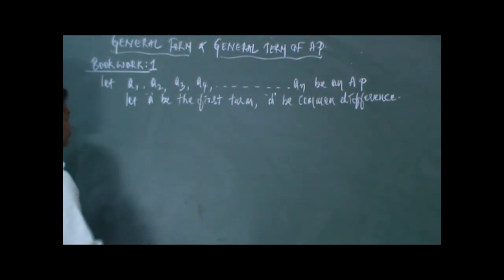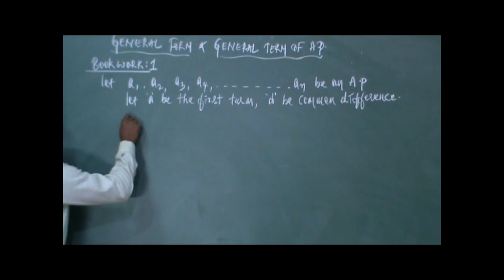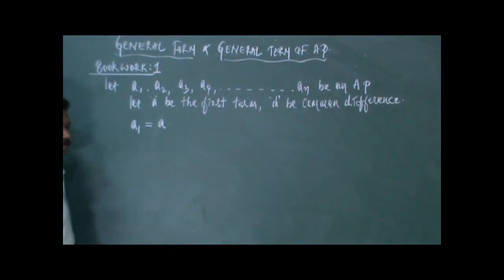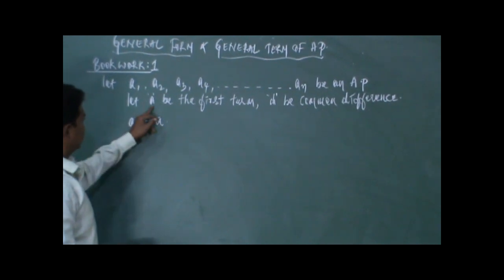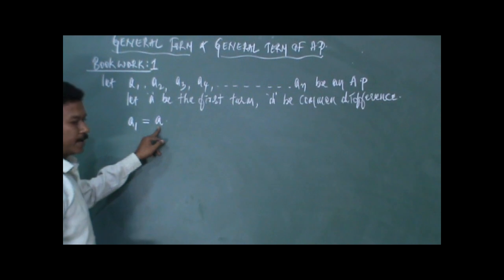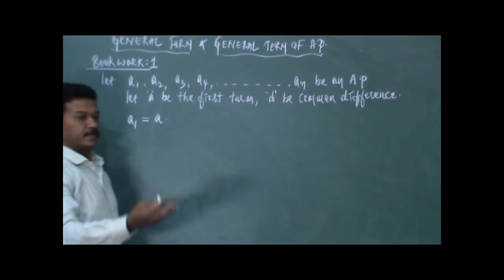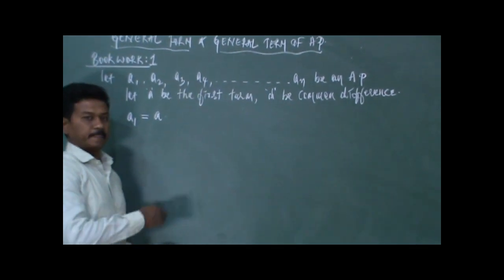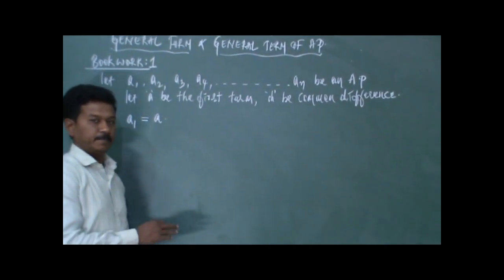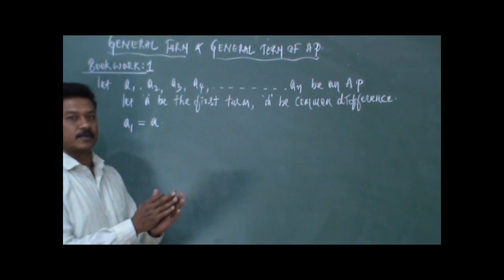So now a1 is nothing but the term a. Let a be the first term, I have announced this. So a1 is nothing but a. So as per the knowledge we have regarding the first term of an AP, the first term and the common difference are not related.